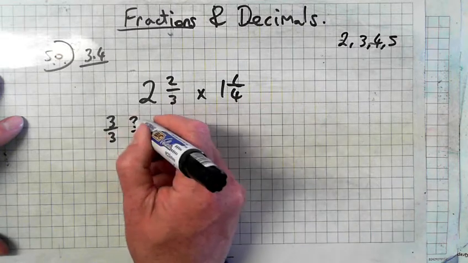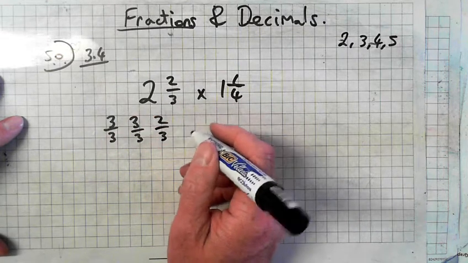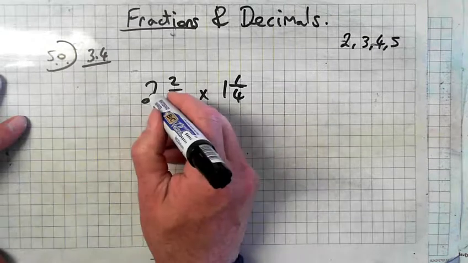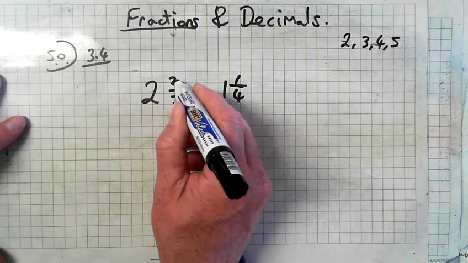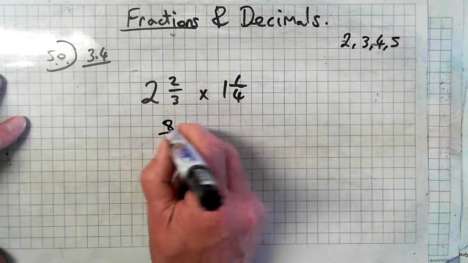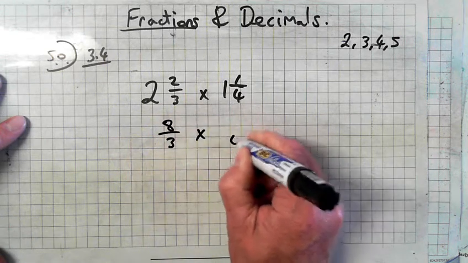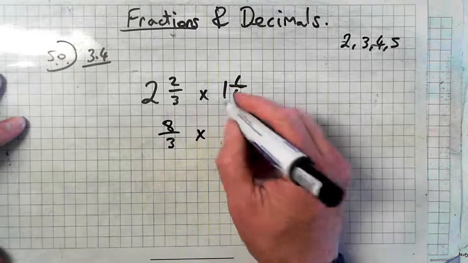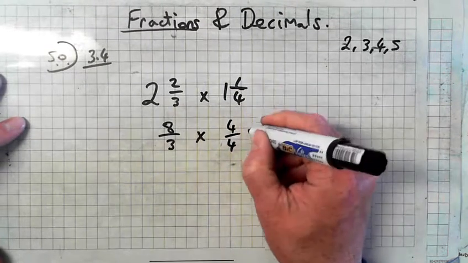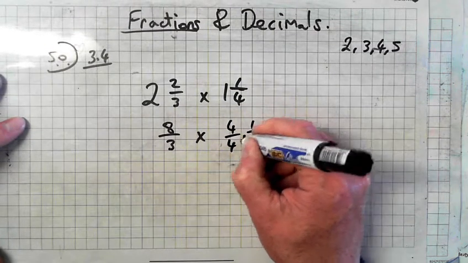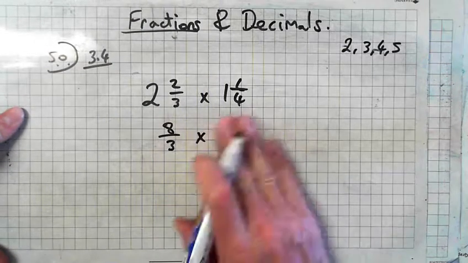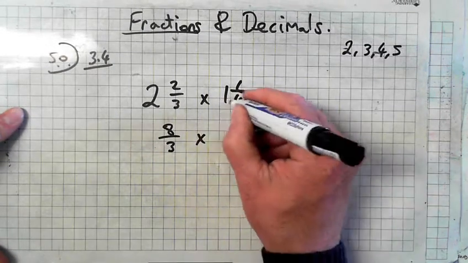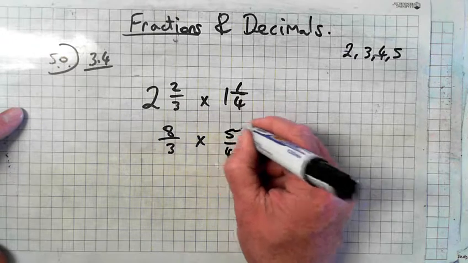Add these, I've got 8 thirds. A quick way of doing that is 2 times 3 is 6 plus 2 is 8. How many quarters do I have? 1 can be represented as 4/4 plus a quarter. Or the quick way is 1 times 4 is 4 plus 1 is 5.